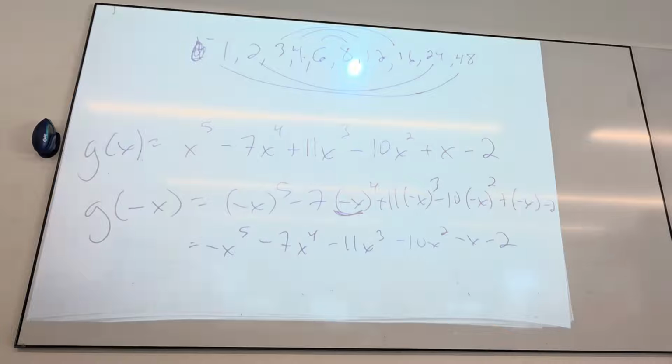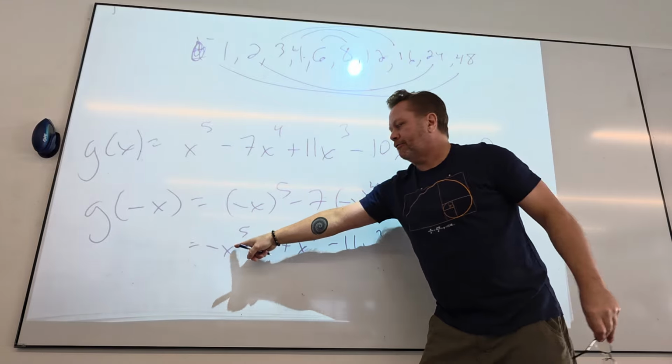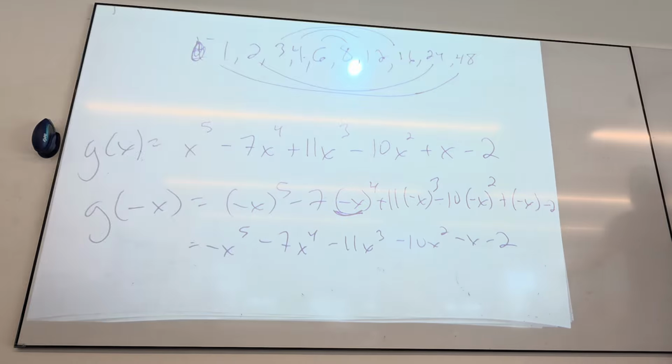Nothing is canceling each other. There's no freaking way it could become 0. So if I look at the polynomial as given, and there's no sign changes, there's no positive roots. If I plug a negative x in, and the result has no sign changes, there's no negative roots. And then again, I can cut my list in half.